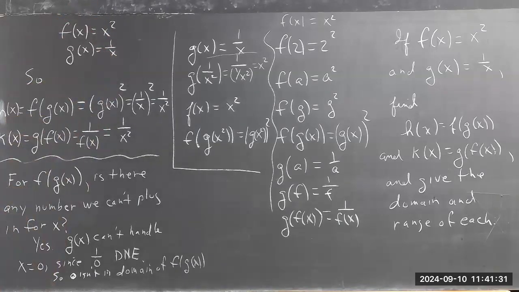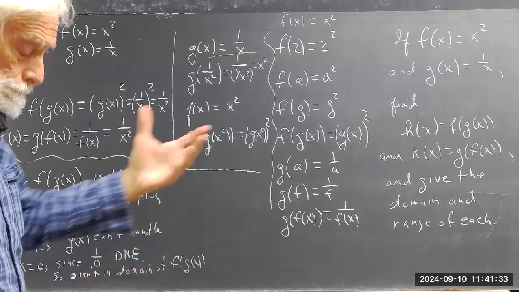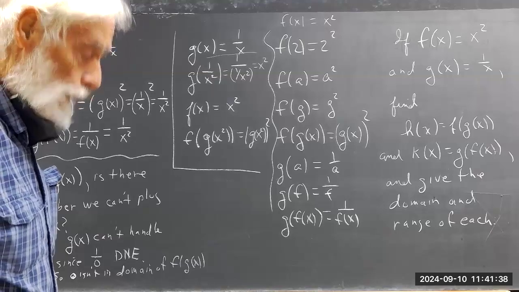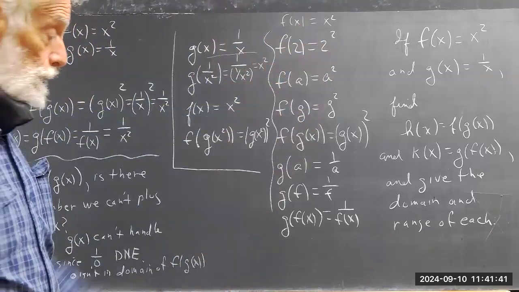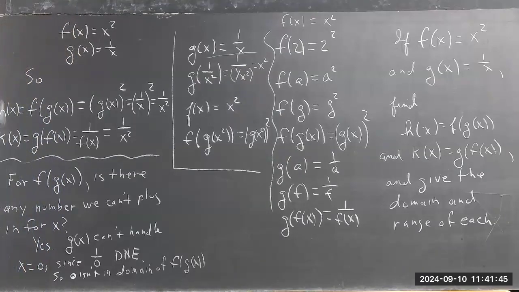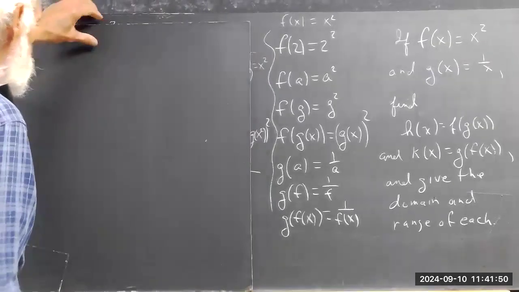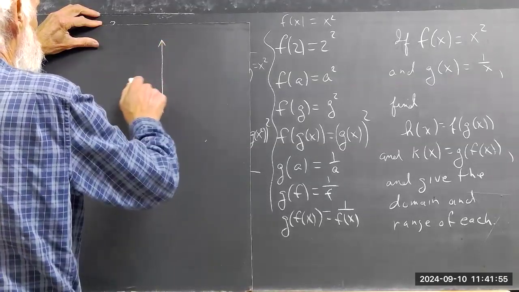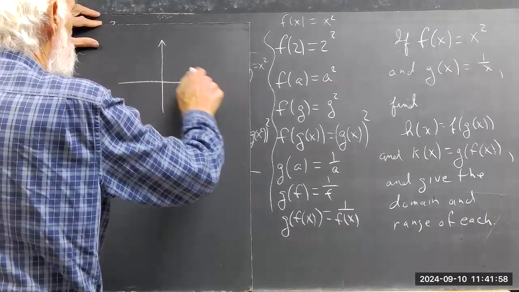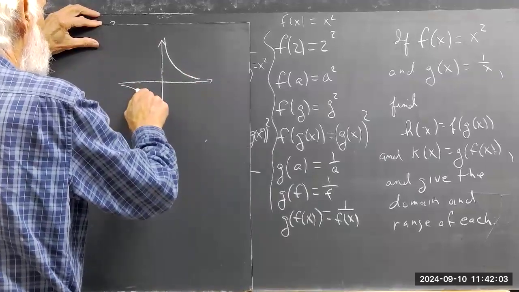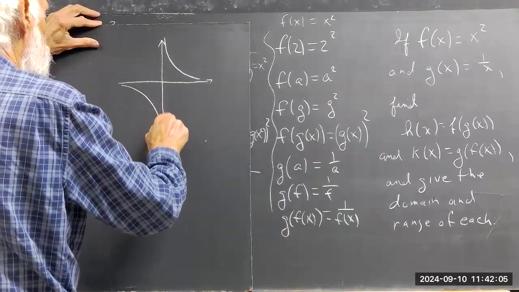Okay. Now, if you've been through the first assignment on functions, you know that the graph of g of x looks like this.